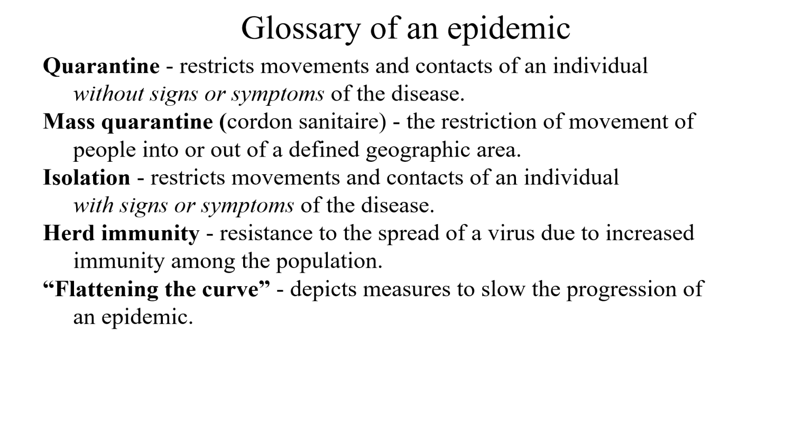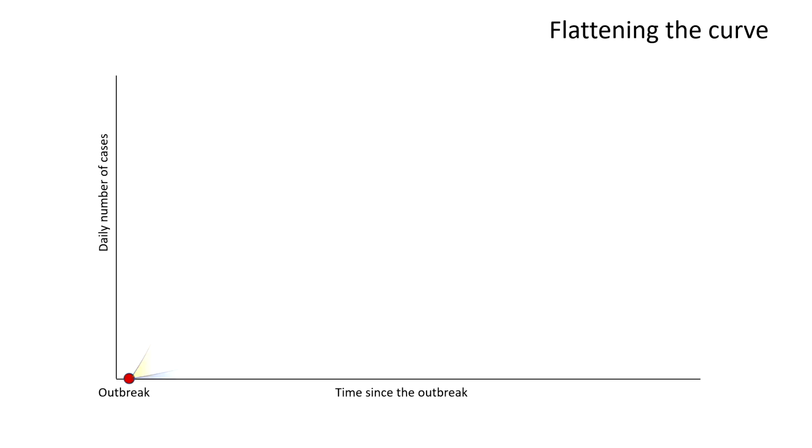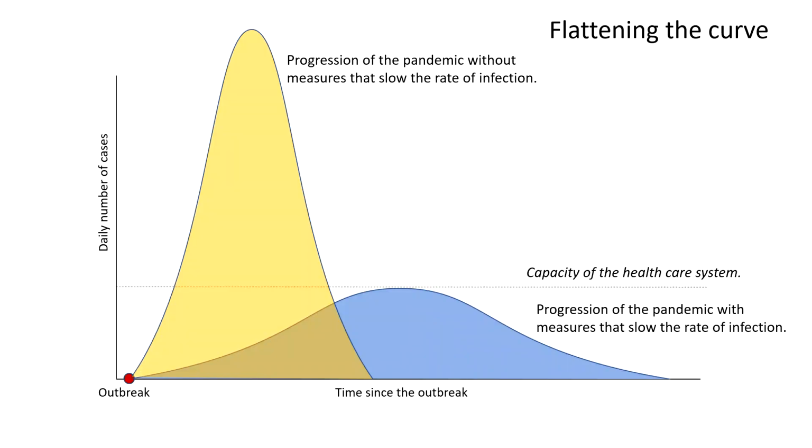Flattening the curve. This is a concept that depicts measures to slow the progression of an epidemic. And usually the way we are looking at this graphically is that the pandemic in this case starts with a peak, meaning an enormous amount of new cases, an exponential growth of cases, and they grow so fast, exponentially, that the capacity of the healthcare system cannot deal with them.